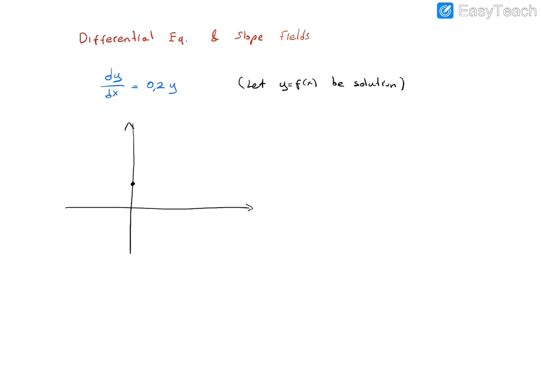So dy over dx at the point (0, 2): here y is 2, so this is 0.2 times 2, which is 0.4. This means the slope of the function f of x is 0.4. In other words, f prime at the point 0 is 0.4.